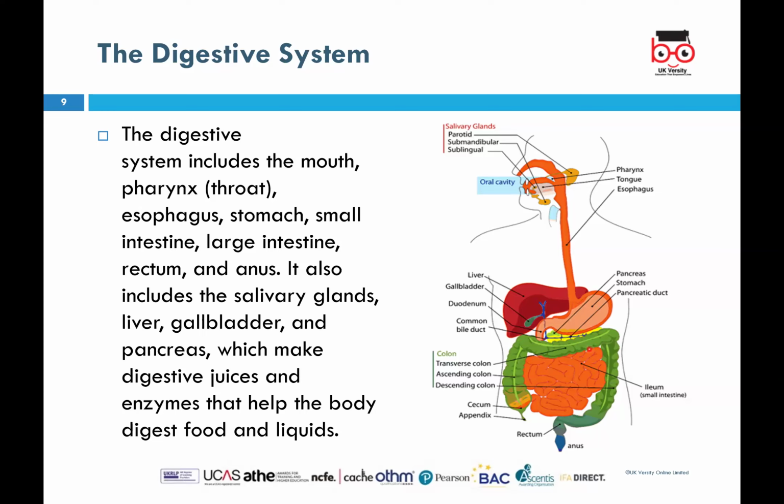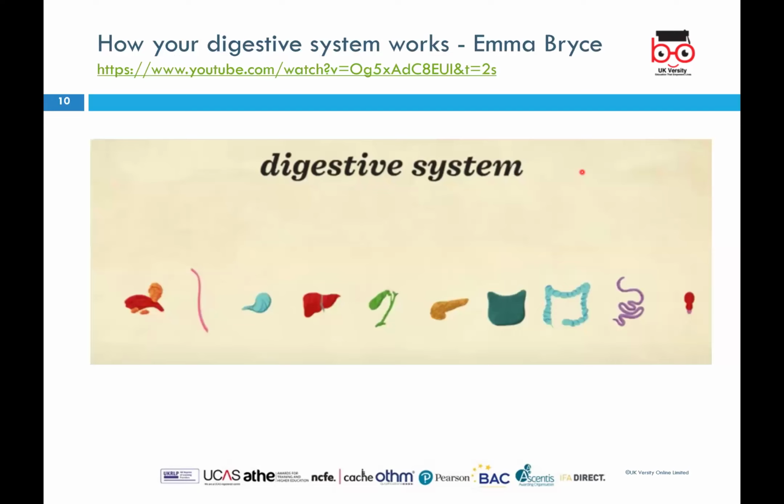Although the structures are this way, there are also other glands that are part of the digestive system. They're not a part of it, I would say, but they contribute towards digestion. We'll talk about what is within these different systems.